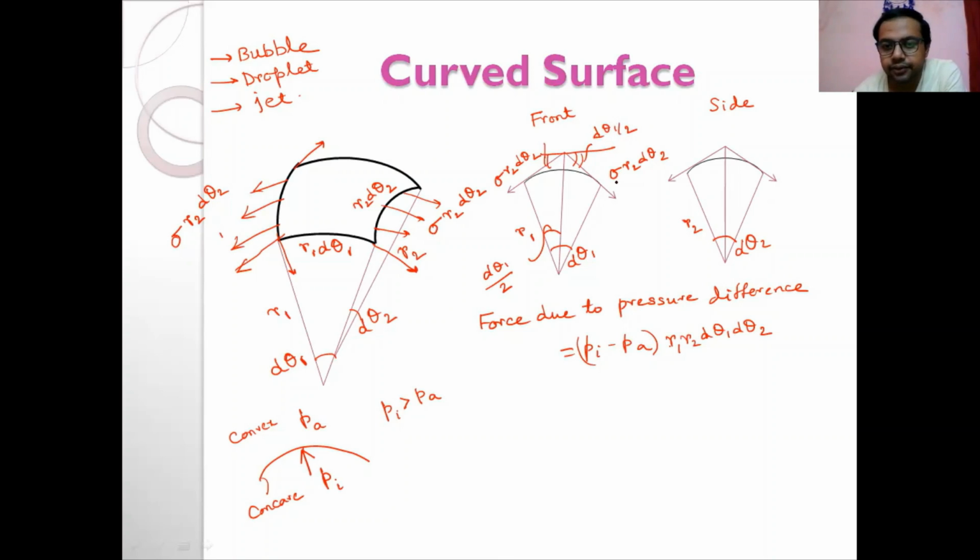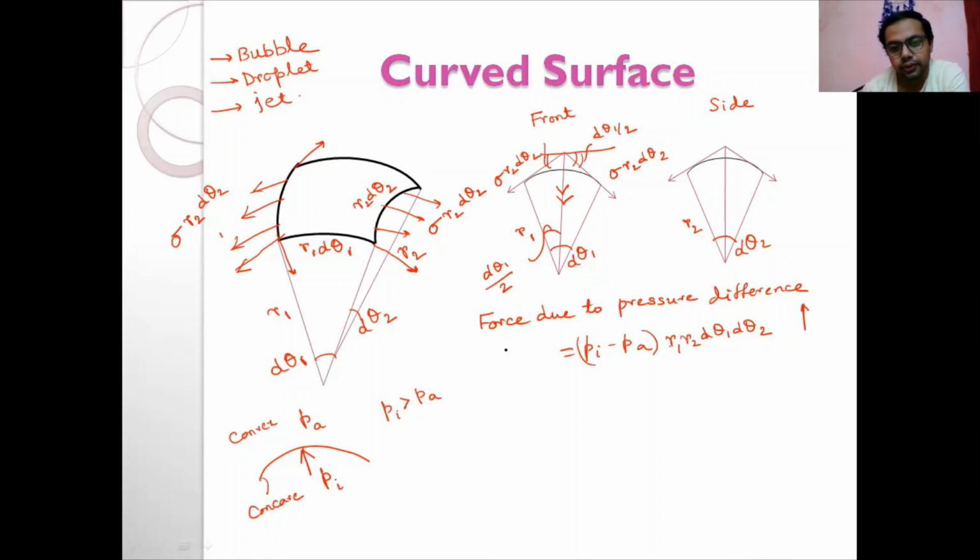So the sine component of this force comes in the downward direction. The force due to the pressure difference was an upward force, and due to the surface tension, the force is downward.